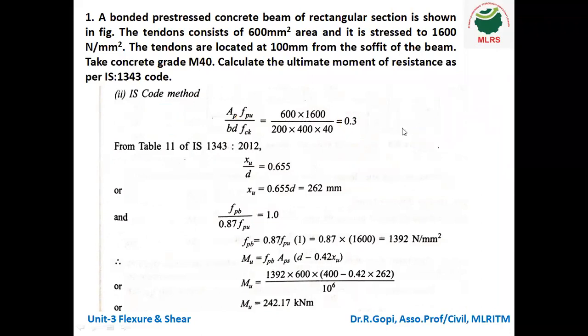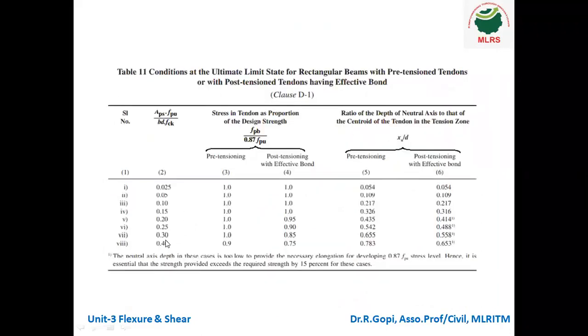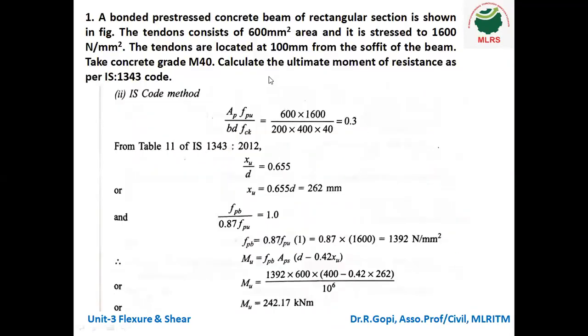Okay, so now we can see in the table for 0.3. Here there are two categories. This table is for pre-tensioning and this table is for post-tensioning. So what is in our question? Is it pre-tensioning or post-tensioning? A bonded pre-stressed concrete beam of rectangular section.